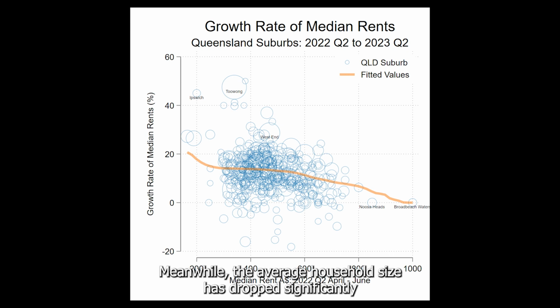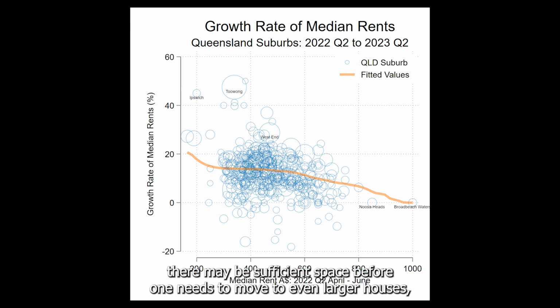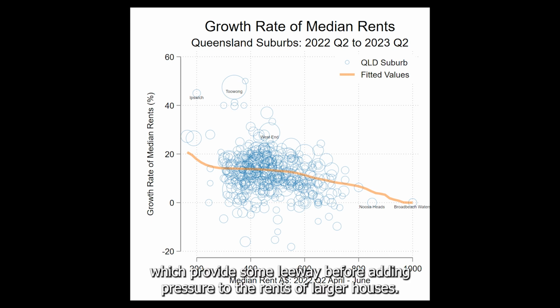Meanwhile, the average household sizes dropped significantly during the pandemic. Therefore, in larger homes, which tend to have higher rents, even when the household size increases, there may be sufficient space before one needs to move to even larger houses, which provides some leeway before adding pressure to the rents of larger houses.